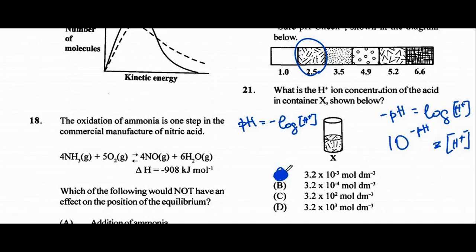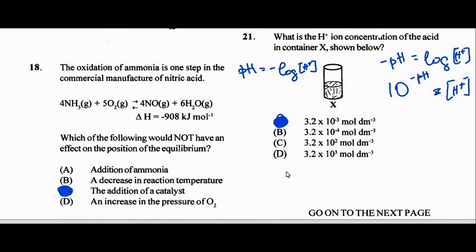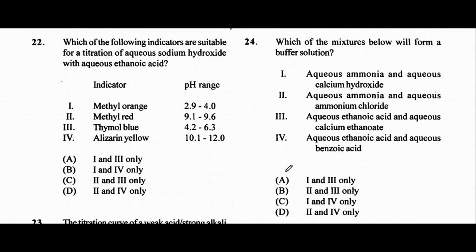Alright, let's go down to 22. It says, which of the following indicators are suitable for a titration of aqueous sodium hydroxide with aqueous ethanoic acid? Sodium hydroxide is a strong base, let's say SB for strong base, and ethanoic acid is a weak acid, so let's put WA for weak acid.